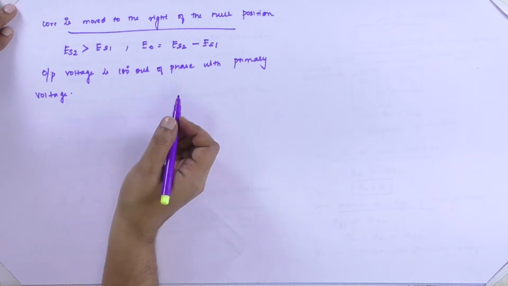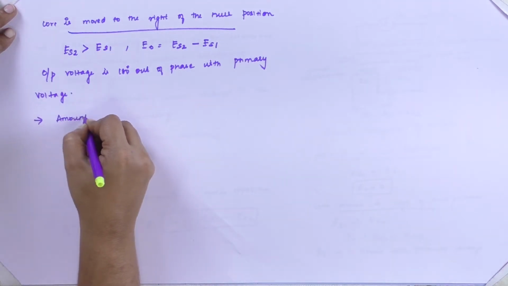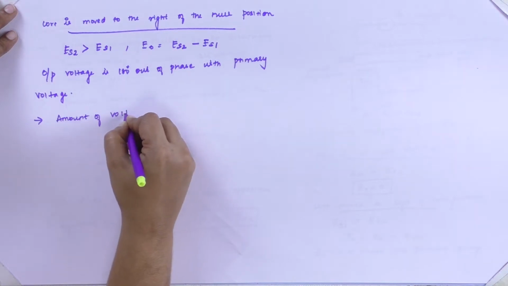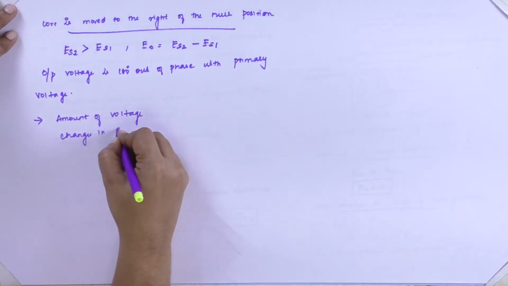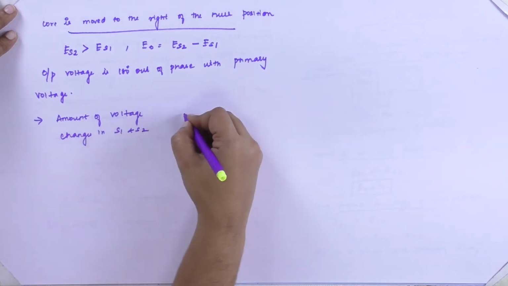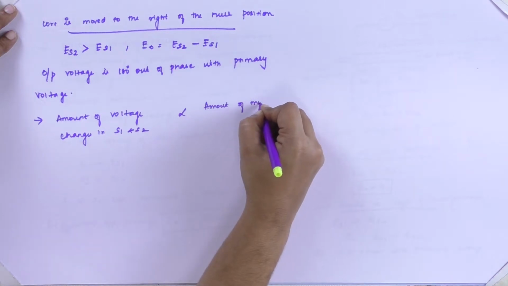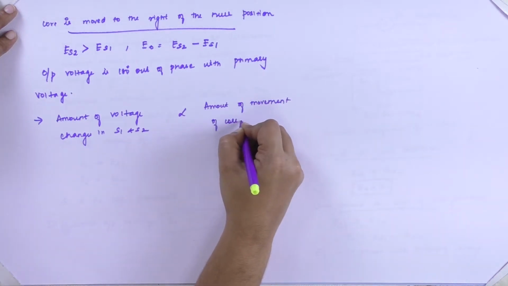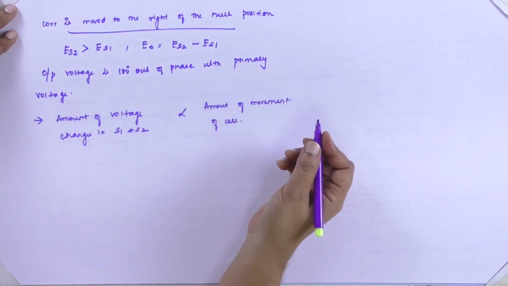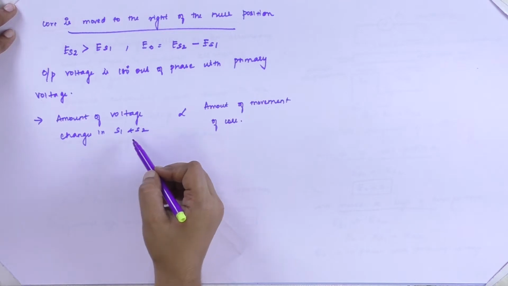So the amount of voltage change in secondary windings S1 and S2 is proportional to the amount of movement of the core. Whether the core moves to the left or right of the null position, the amount of voltage across S1 and S2 changes.